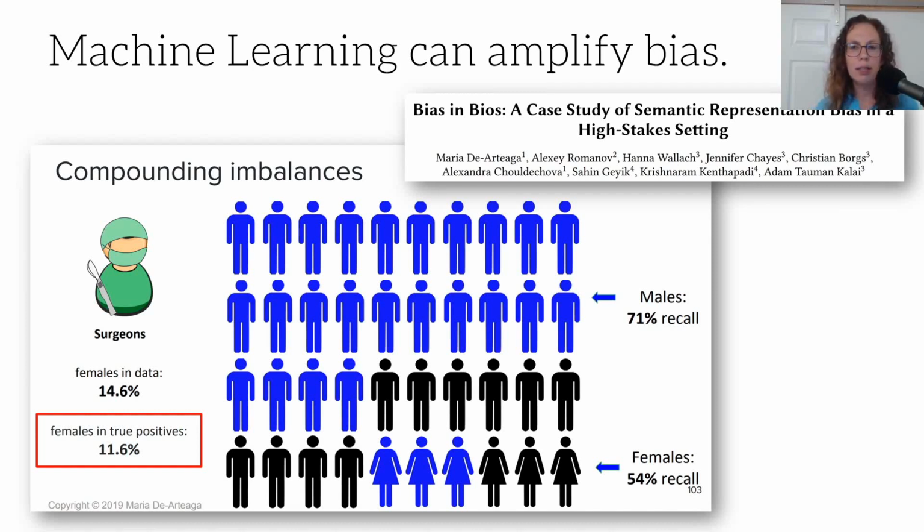However, in the true positives, so they were trying to predict the job title from the summary, women were only 11% in the true positives. So this imbalance has gotten worse. Basically there's an asymmetry where the algorithm has learned it's safer for women to not guess surgeon. So this is one reason.